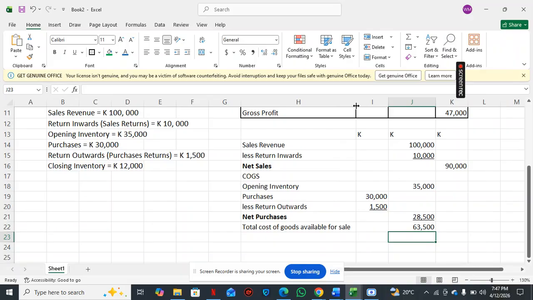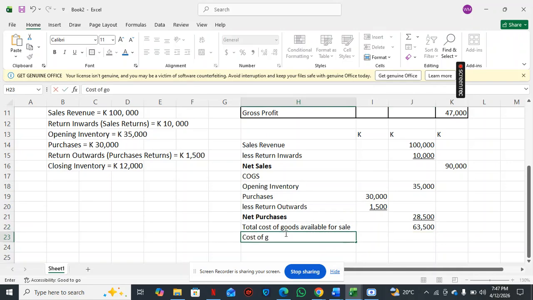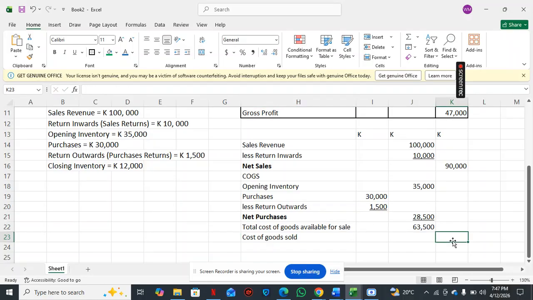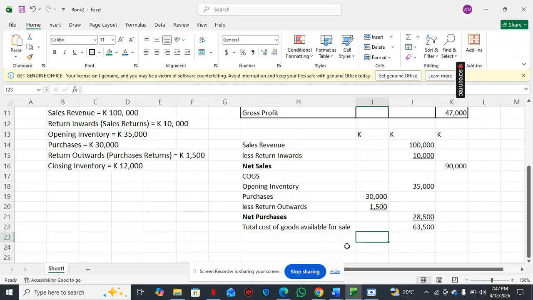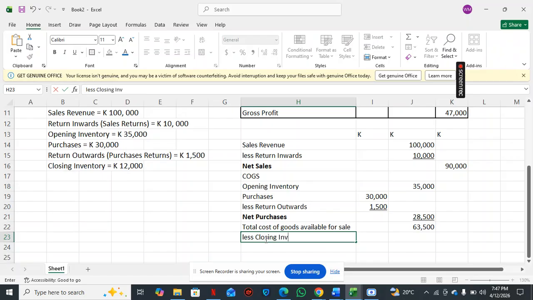Now we can tabulate our cost of goods sold. So we say cost of goods sold. We need to deduct closing inventory to get our cost of goods sold. So we're going to say less closing inventory. These are the goods we remained with at the end of the year, 12,000.